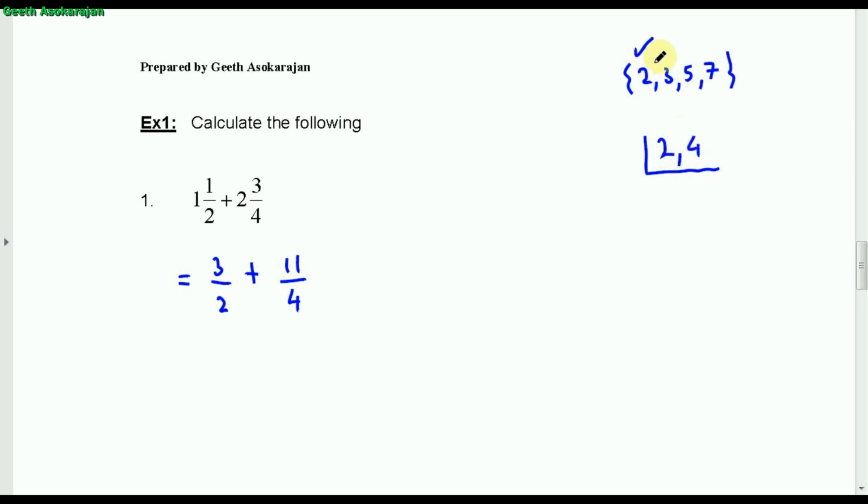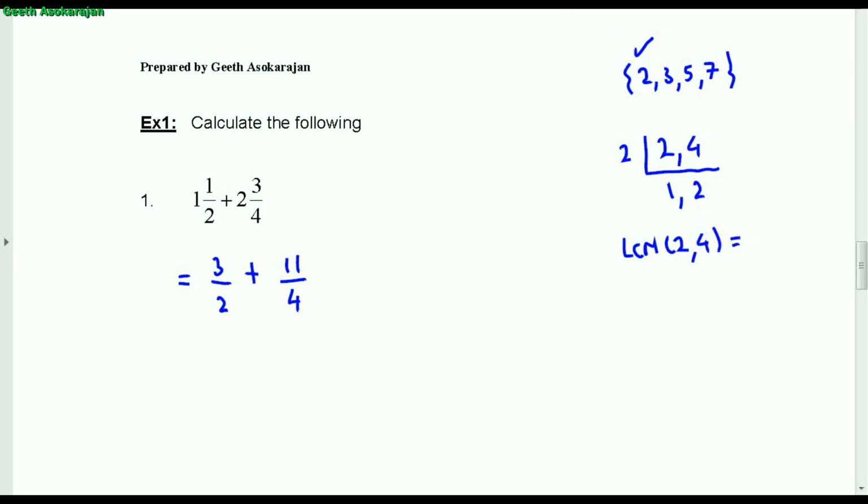So I can divide both of them by 2, giving no remainder. 2 divided by 2 is 1, no remainder. 4 divided by 2 is 2, no remainder. So in this case, I can't divide 1 and 2 any further, giving no remainder. So we stop the process there.